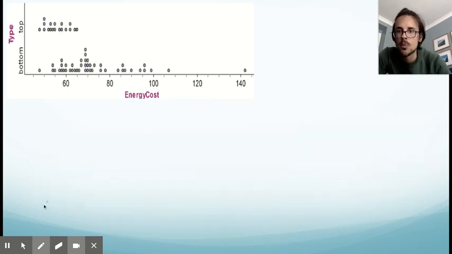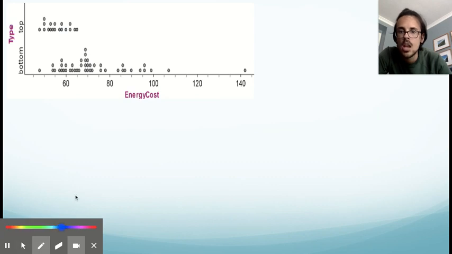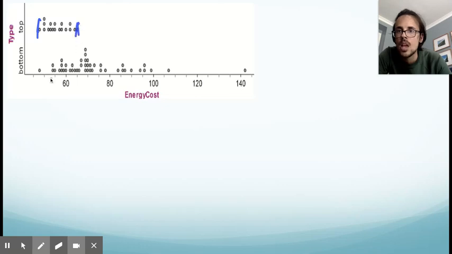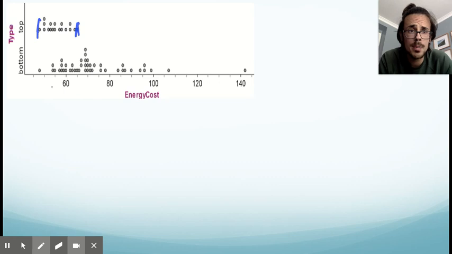I have one more thing to talk about, and that is spread, and I'm going to delete that so I have more room right here. For spread, you could talk about the minimum and the maximum, and you could talk about the range as well, max minus min. But when you talk about range, you actually have to subtract the maximum minus the minimum.